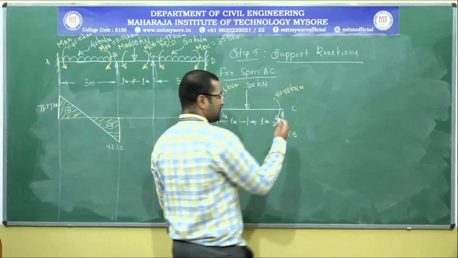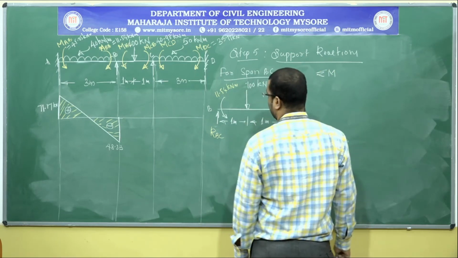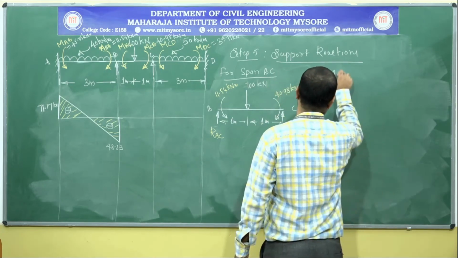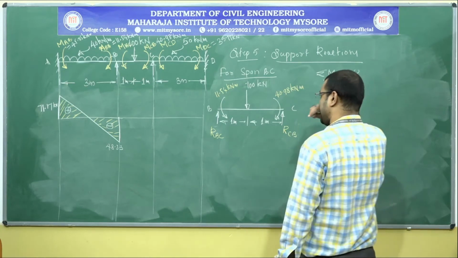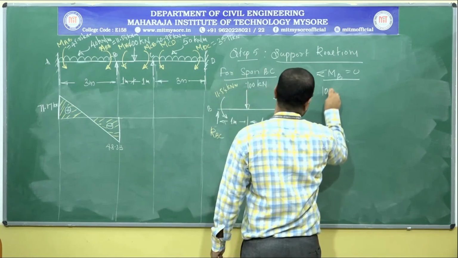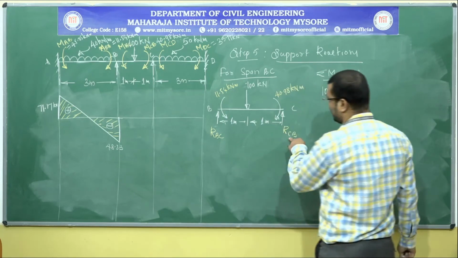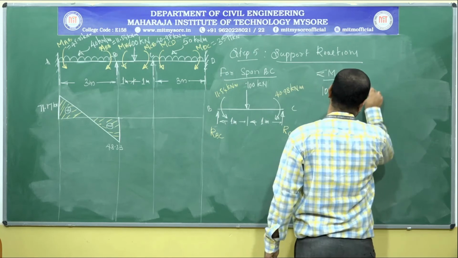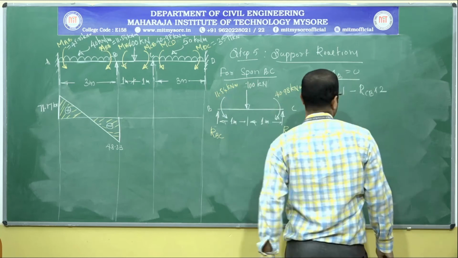Let me impose the moment condition first, that is the algebraic sum of moments due to all the forces at point B must be equal to 0. This 100 kilonewton creates a clockwise moment, so it is 100 into its perpendicular distance of 1 meter, minus this reacting force RCB, which creates an anti-clockwise moment, RCB into its perpendicular distance of 2 meter with respect to B point.